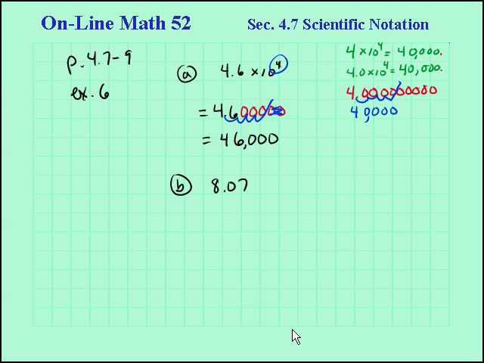Part B, 8.07 times 10 to the negative 5. Negative exponent means what? Yes, a very small number. That means our decimal is actually going to be over here somewhere, before the 8. We can do the same process of moving the decimal point that many places, but here we have to move it in such a way that we create a small number.